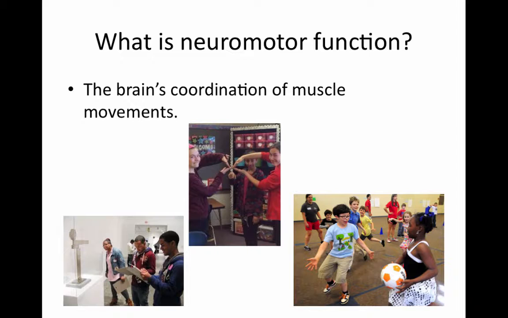These two pictures, the one in the middle and the one towards the left, place potentially high demands on students' neuromotor functioning, but the task itself is addressing different features of learning. So a student's strengths or challenges in neuromotor function may be at play when a student's learning and participation is constrained.